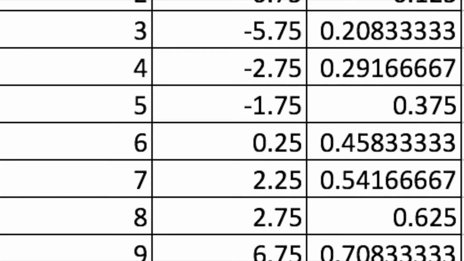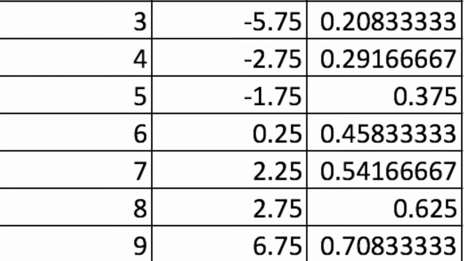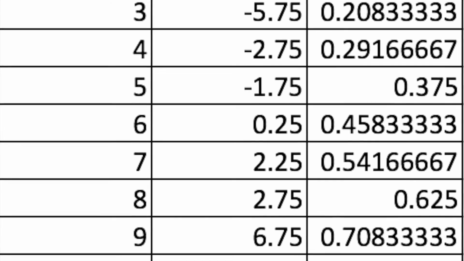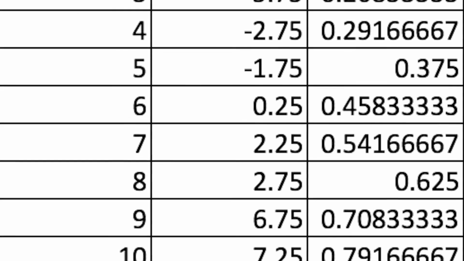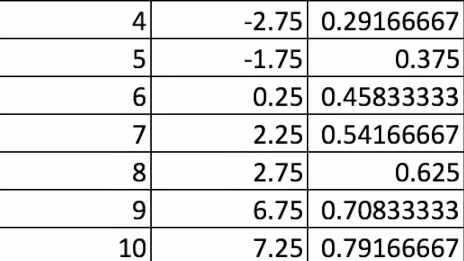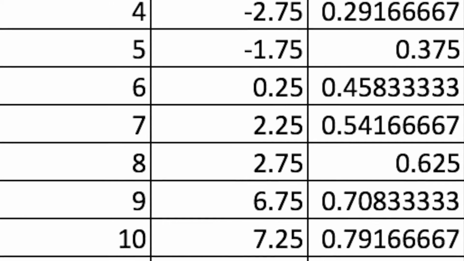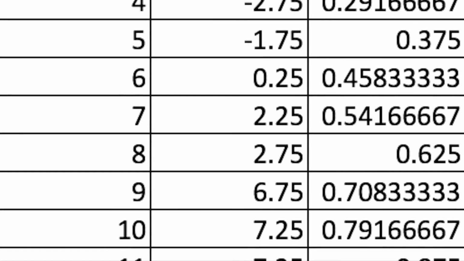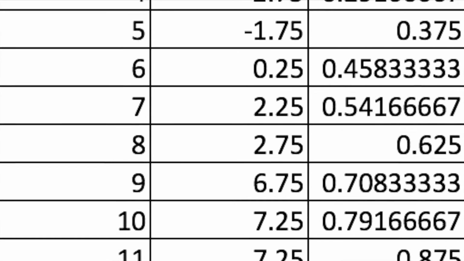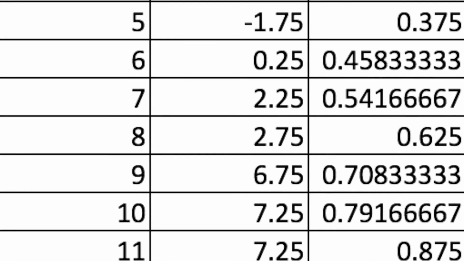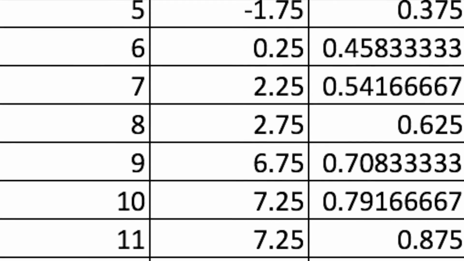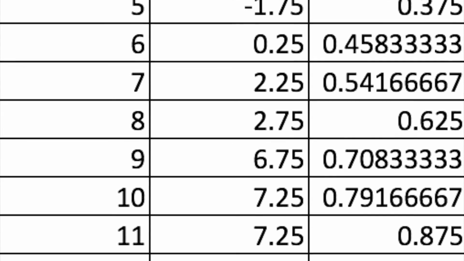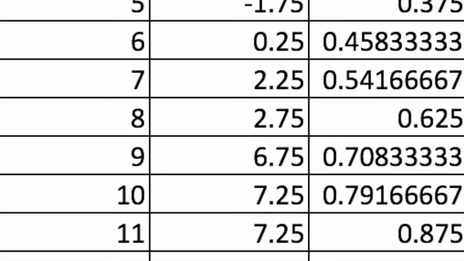This probability comes from the formula of order minus 0.5 divided by the total of orders. That means that for minus 25.25, the probability is 1 minus 0.5 and the result divided by 12. Then for minus 6.75, 2 minus 0.5 divided by 12, and then for all of the data.